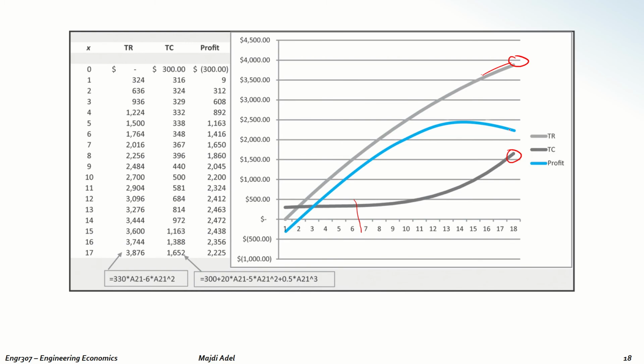And we have the total profit. As you can see, there's a certain volume index that gives a maximum profit. The purpose for any company is to keep its production level around the optimum volume index to have maximum profit.